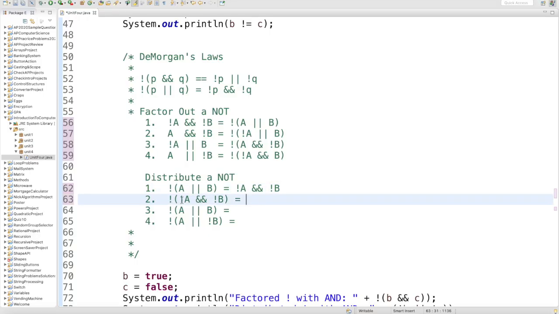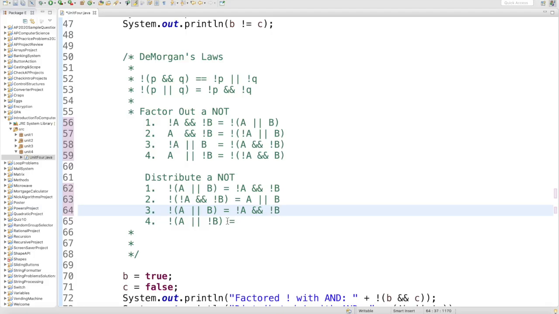Well, this is a not A, so it gets me A. And then the and goes to an or, and then not B goes to B. Now I'm distributing here again, I'm going to get not A, and then I'll get an and not B. Distributive property again, we got a not A and a B, because that's a not B, which gets me B back. So that's the idea here with DeMorgan's laws.